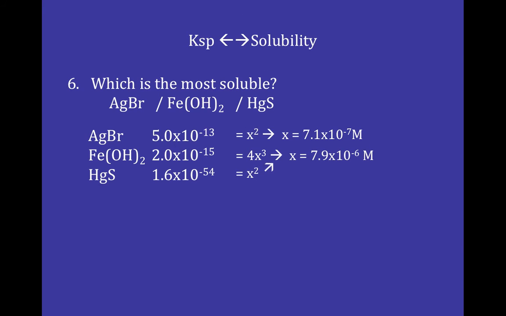And just taking the square root. And we are going for the biggest number out of those. And we see right here, that is the biggest number out of these three in terms of solubility, which is our value of x.